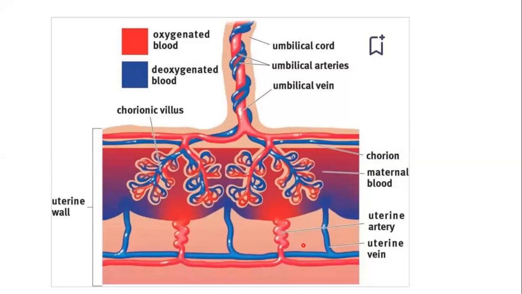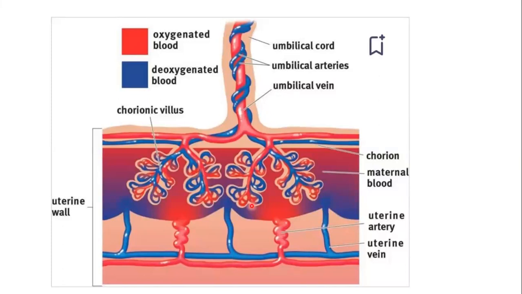The red is the uterine artery from the mother that brings the blood to the placenta, and then the uterine vein takes away the waste products from the fetus. So the blood diffuses into this part of the placenta, and this is the place that the diffusion takes place.